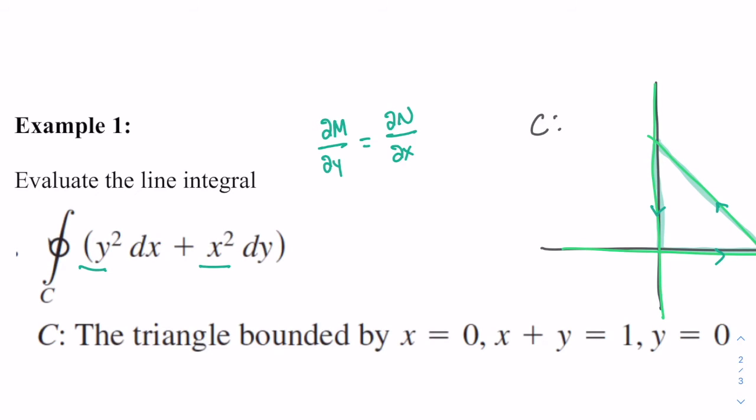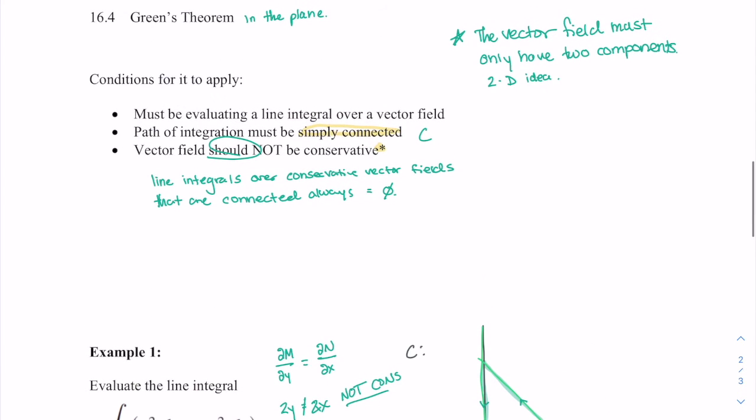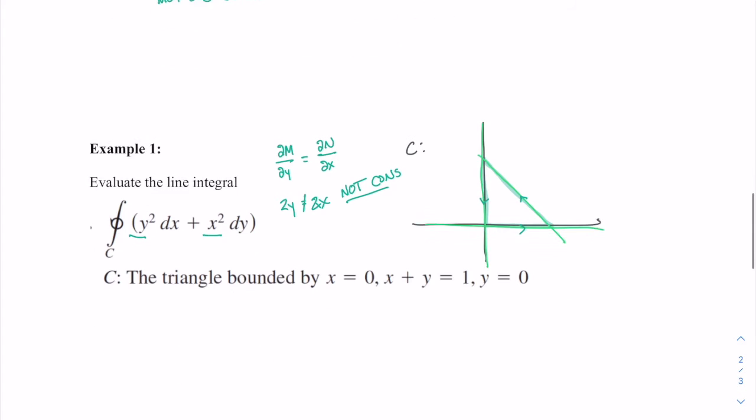So let's check that. dM/dy is 2y, and dN/dx is 2x. Those do not equal each other, so we know for a fact it is not conservative. Okay, so we checked that, and then the one I had to add is that the vector field can only have 2 components. So yes, it is a 2-dimensional vector field.